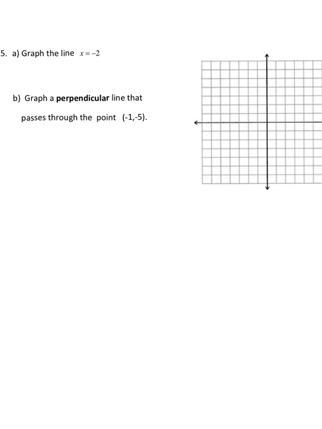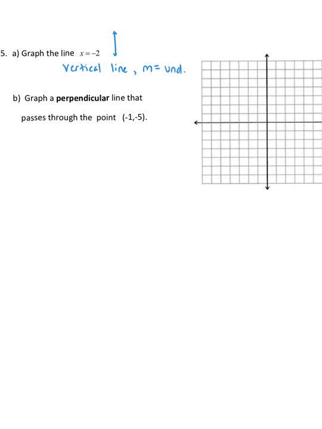And finally, in number 5, we are given a special case of a line, x equals -2. So you should identify this as a vertical line because it crosses the x-axis. To cross the x-axis, it needs to go up and down. So it's a vertical line. A vertical line has an undefined slope.